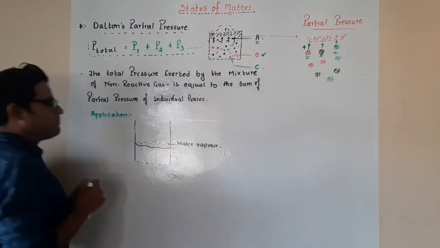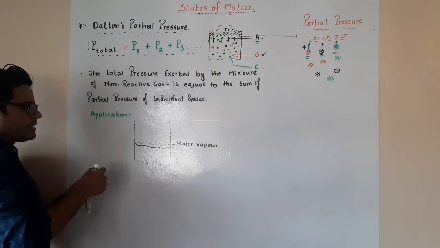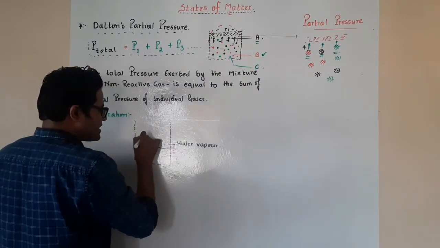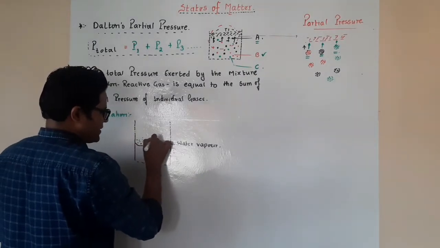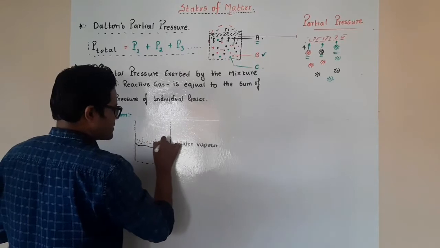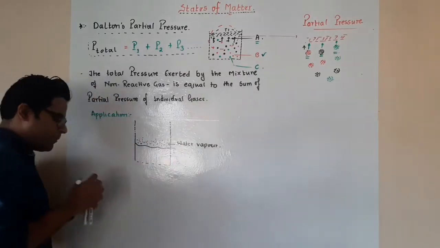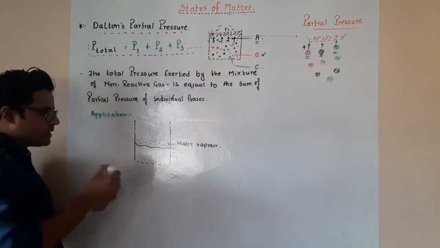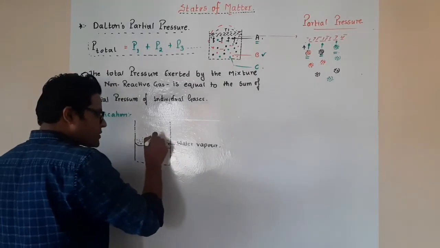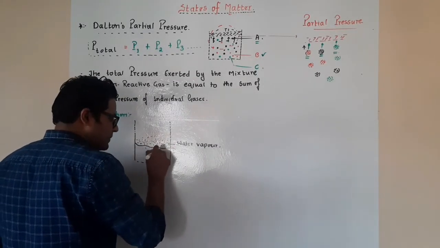At the same time, this container is also going to have a certain amount of gases over here, the air. Now, let's zoom in. Let's understand what is going to happen in this particular area.